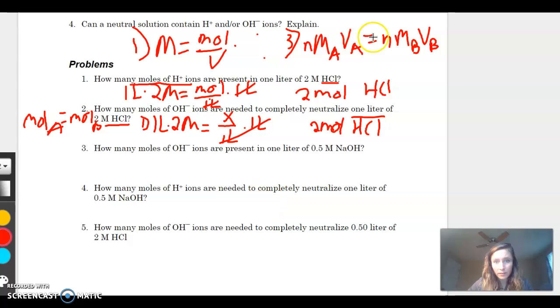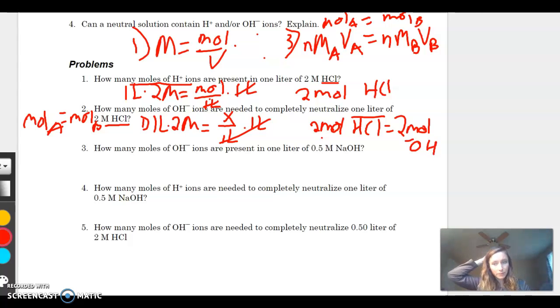And so if we want to neutralize it, this equation is telling us that moles of acid need to equal moles of base. So if we have 2 moles of acid and we're trying to neutralize it, that means we need to have 2 moles of base ions. So the answer is, again, 2 moles of OH minus. And that would be neutral.